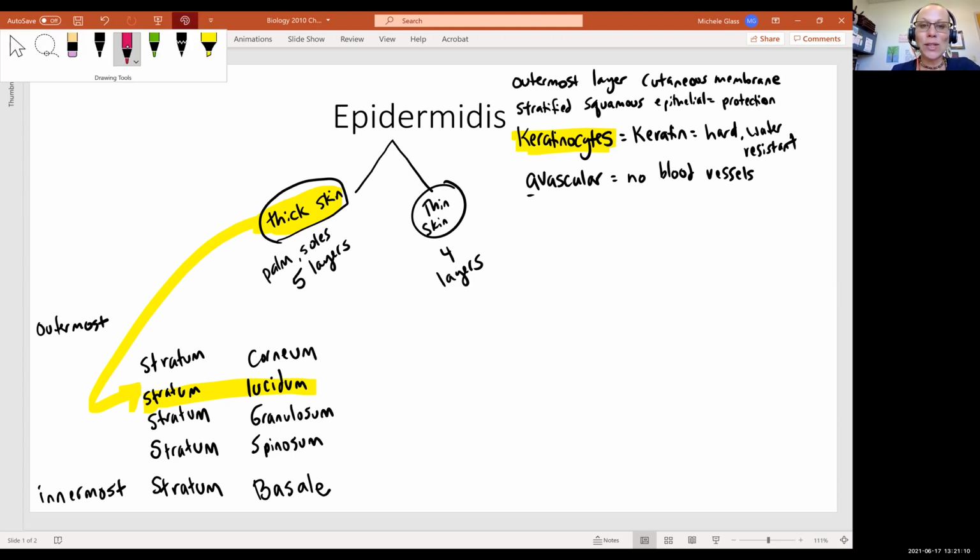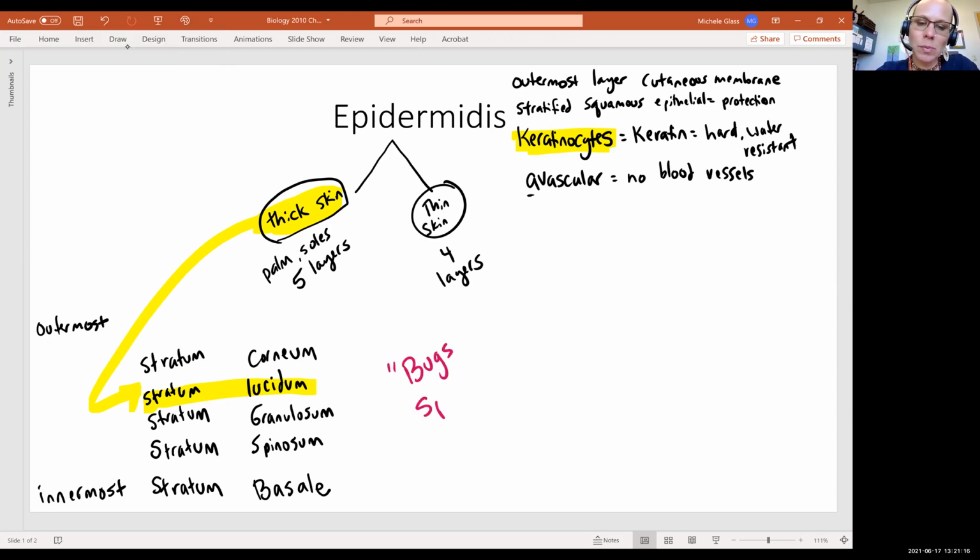So you can use this memory device: Bugs spin Granny Lucy's corn.